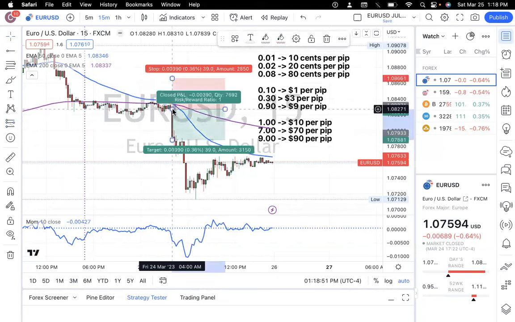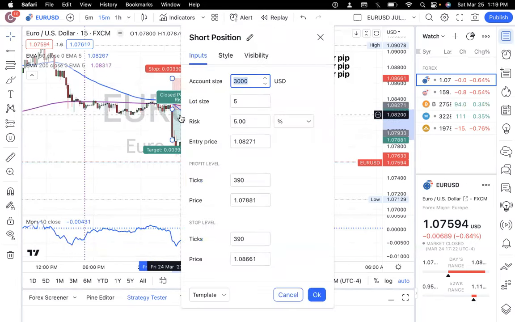And you always want the middle of the boxes, where the boxes meet, to be where your entry point is. Now, if you're getting into this trade with market execution and you're not setting a limit order, and I highly recommend you watch my 5 types of Forex order video, you want the middle of the line to be where your entry point is, and you can click on it to change the inputs.